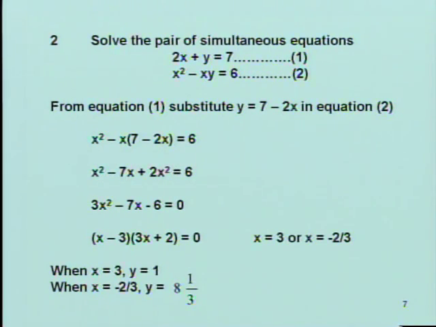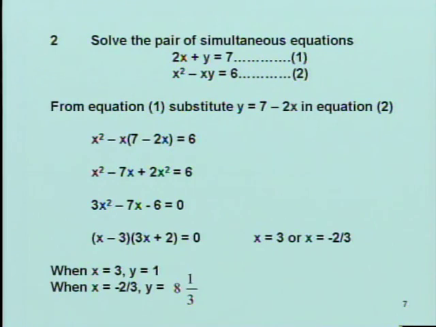Clearing brackets, we have x squared minus 7x plus 2x squared equals 6. Take 6 to the left-hand side and simplify. We'll have 3x squared minus 7x minus 6 equal to 0.